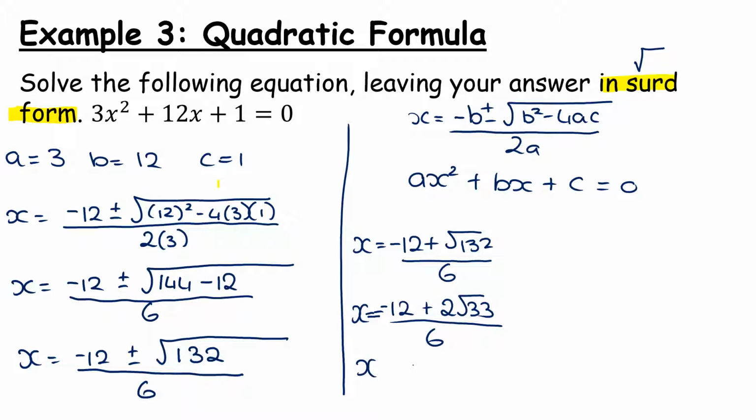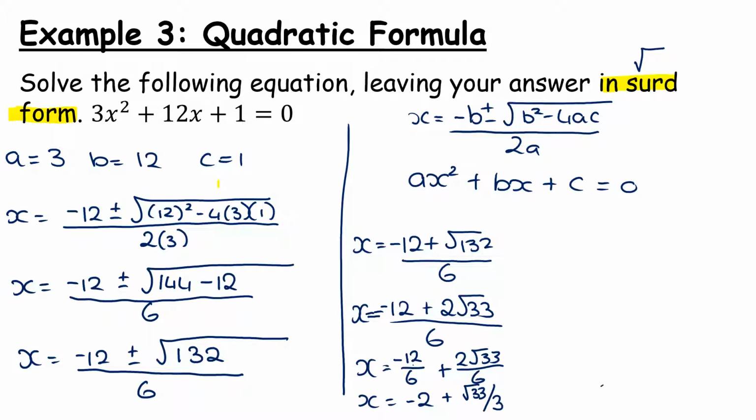So x equals minus 12 over 6 plus 2 root 33 over 6. So that simplifies to minus 2 plus root 33 over 3.